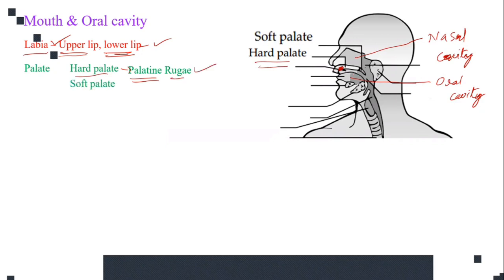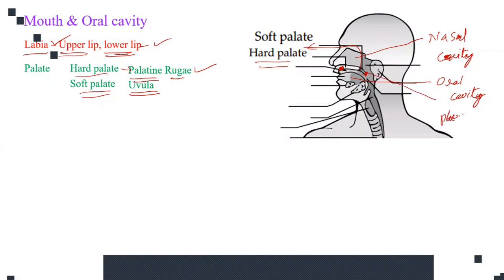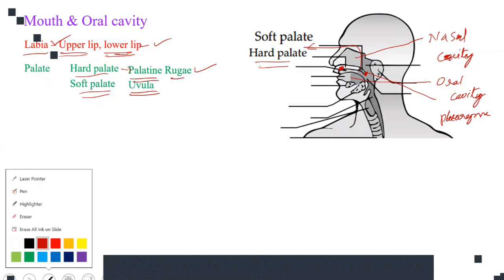At the posterior side, this palate becomes soft, and that is called the soft palate. This soft palate ends with a small structure called the uvula, and this uvula hangs into the cavity called the pharynx. So these are the structures you can find in the oral cavity.